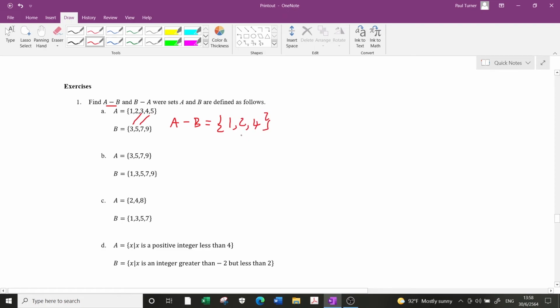Like that. And B minus A is done the same way, but in reverse. So set B has 3, 5, 7, 9. 3 and 5 again. So you would remove 3 and 5. You would be left with 7 and 9 in that question.